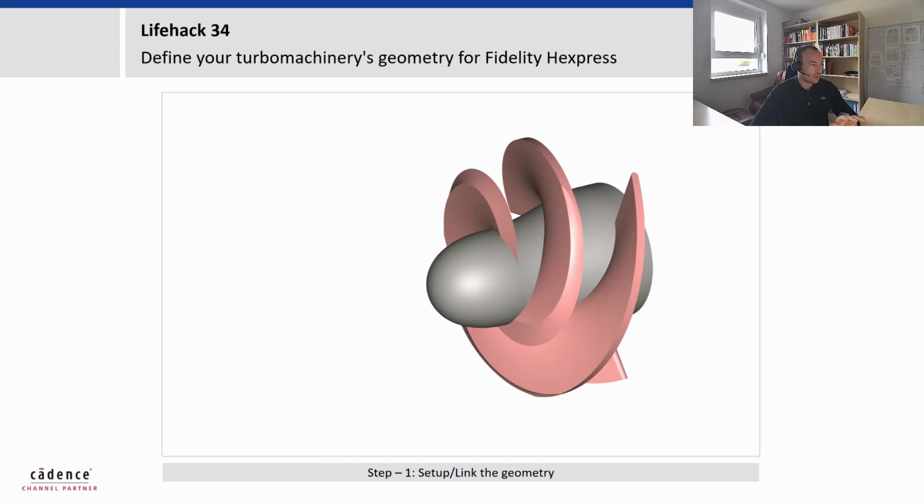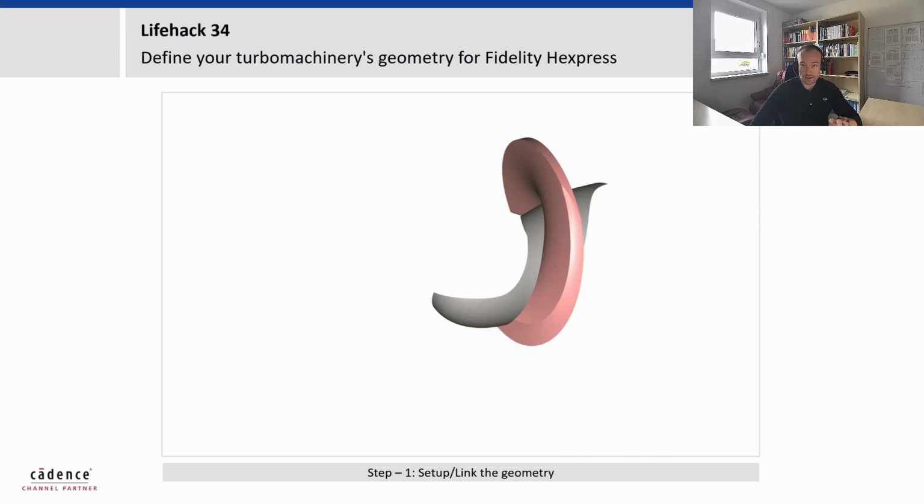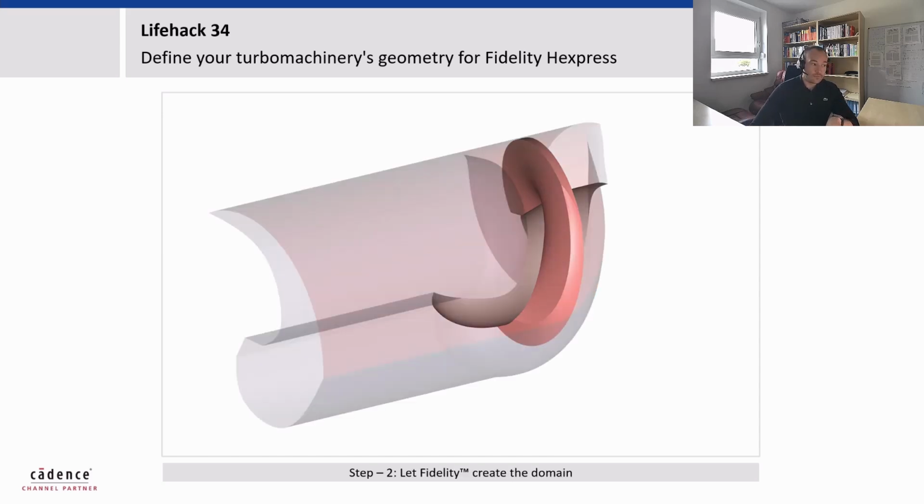So I'm going to show what we will actually be doing. If we take a single passage model of our inducer, there is a way to set this up as a turbomachinery configuration and then let Fidelity automatically create the watertight domain. As you can see here, after we applied this option, Fidelity will have created the inlet, the periodic boundaries, the blade geometry, and of course hub and shroud.